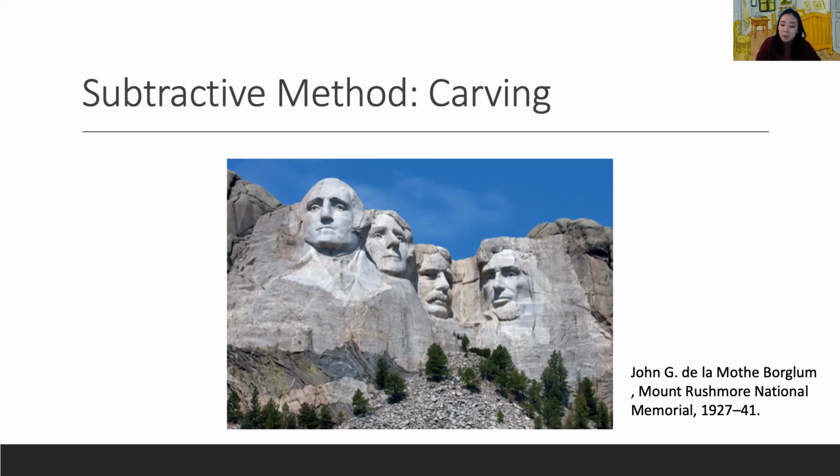Most of the subtractive sculpting was done by skilled miners using dynamite placed strategically to remove large masses of stone. The choice of location and drilling practice were essential because once the stone was removed, it could not be replaced.